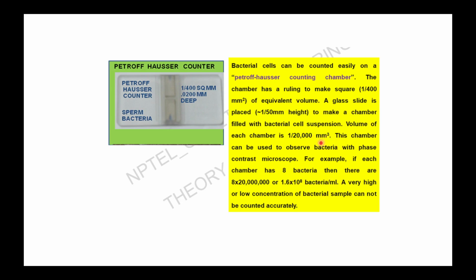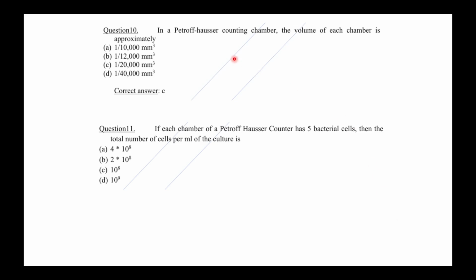Now for the 1 millimeter cube to ml conversion, it's 1000 times, right? So that's why 20,000 into 10 to the power 3 gives us 1.6 into 10 to the power 8 bacterial cells in 1 ml of culture or suspension. It's the same thing that is written here. A very high or low concentration of bacterial sample cannot be counted accurately. Okay, so this is what the question was.